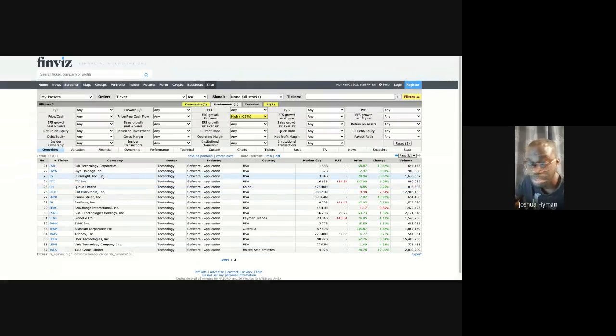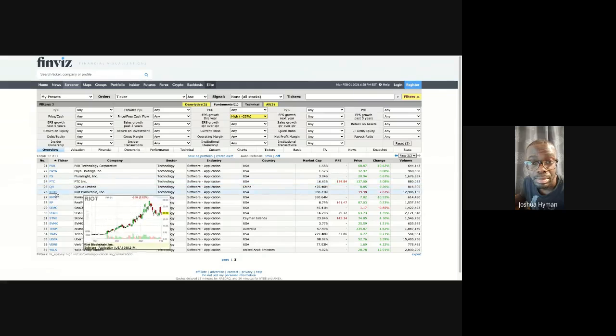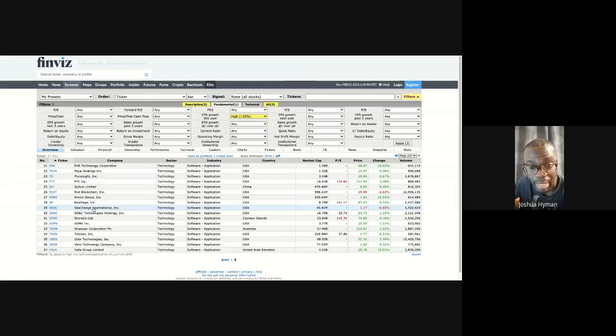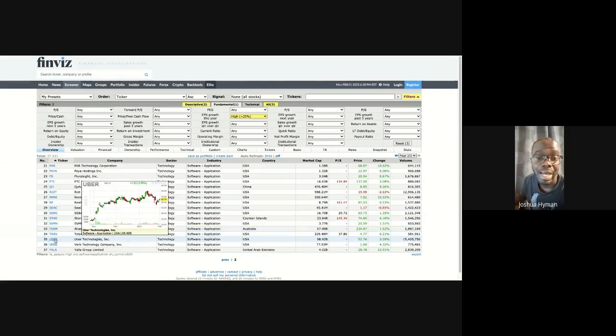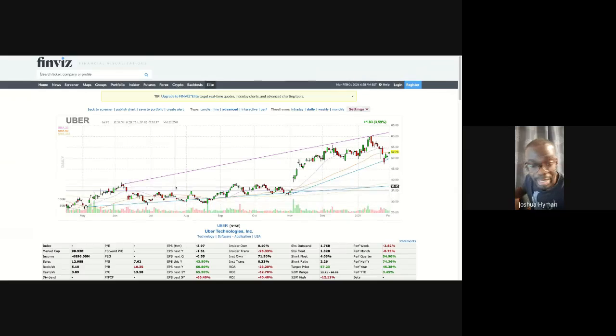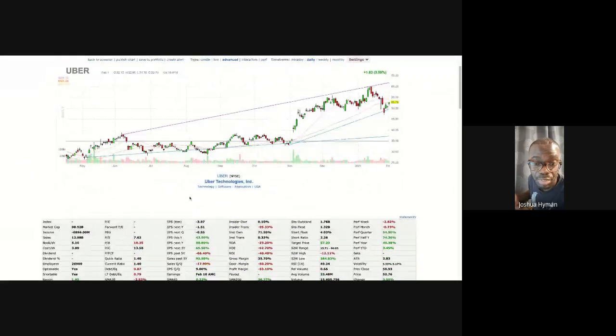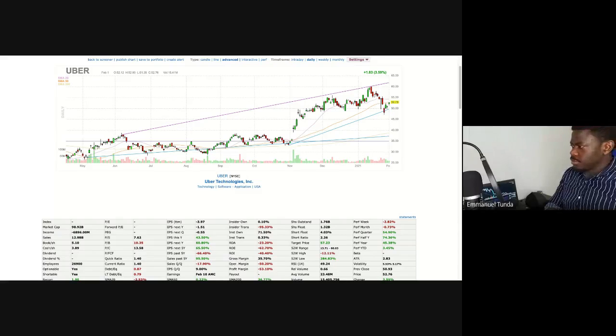Then that means it's way overvalued, right? You have to basically buy a share and a half, let's say, to get $1 of the company's profit. So that's basically what the earnings per share is telling you, is how much of the company's profit you will be receiving per share that you own.